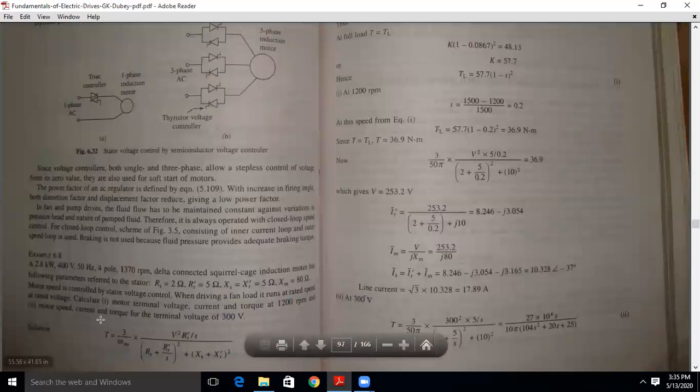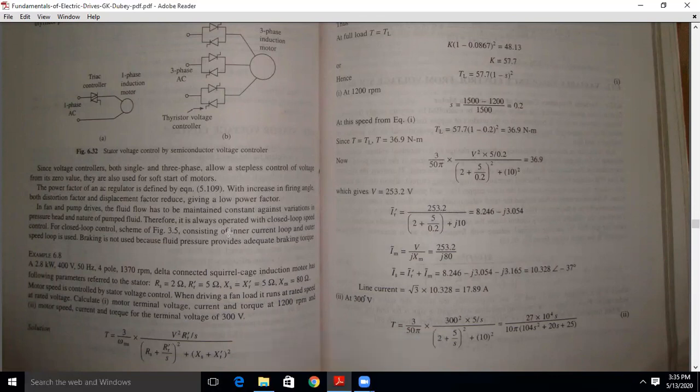In order to calculate the motor terminal voltage, current and torque at 1200 rpm, we need to consider stator voltage control. Stator voltage control means we can control the speed of the motor by varying the stator voltage, because we have the V square term. The torque of the motor depends on the voltage value, and hence on the current value. So just by varying the voltage, we can vary the speed of the motor.